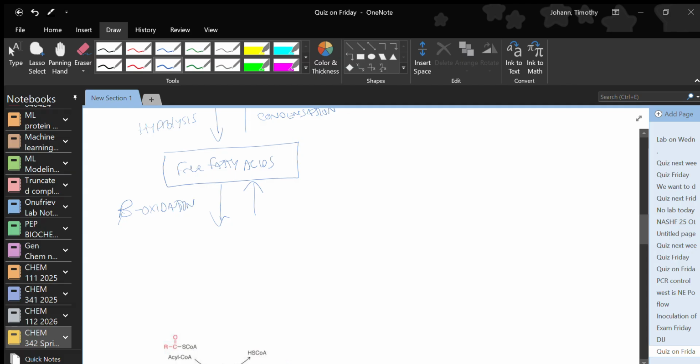We're going to talk about that in detail today. And then the other side is called fatty acid synthesis, which is boring but easy to remember. And out of this, we're going to get acetyl-CoA.